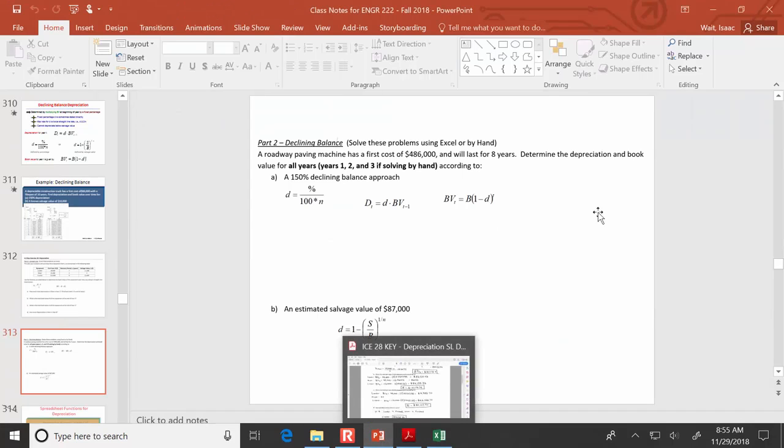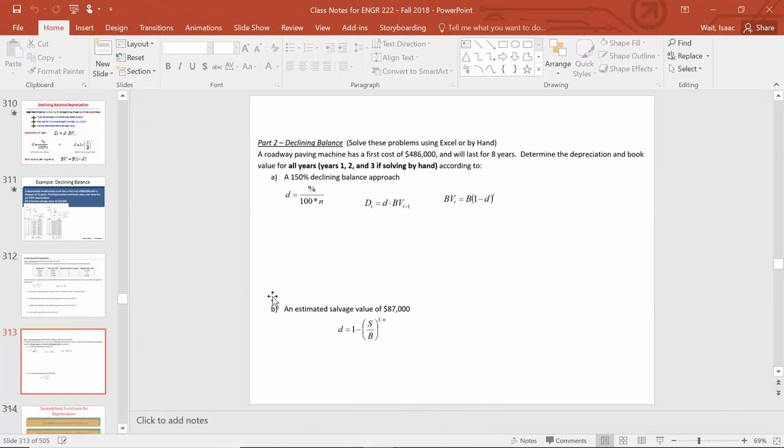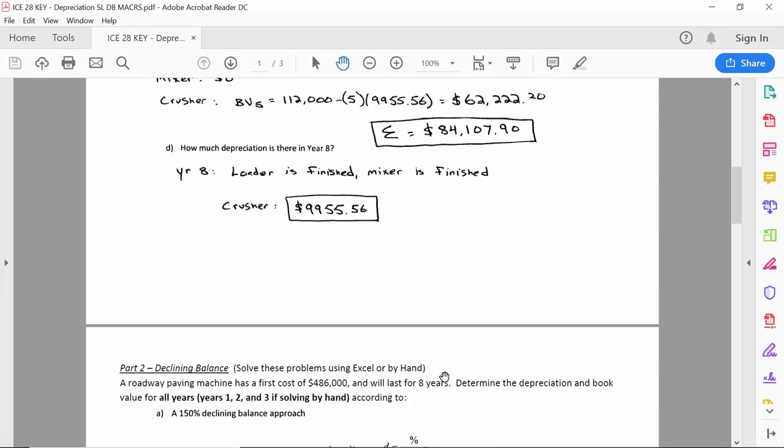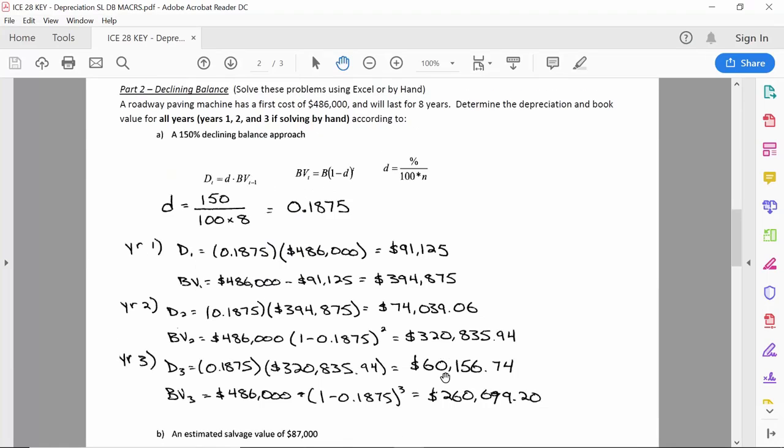So let me show you what the hand calculations look like if you choose not to use Excel and instead do it by hand. For instance, you do the 150% method, you calculate the factor d, 0.1875, and then you use that same factor each year to calculate the depreciation amount for that year.